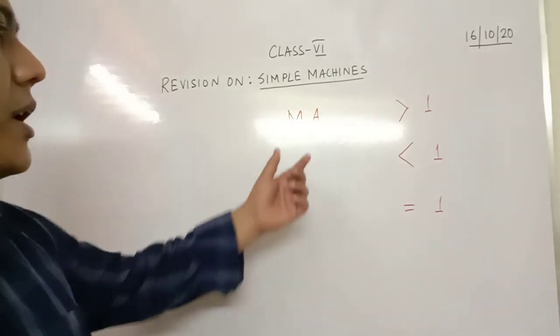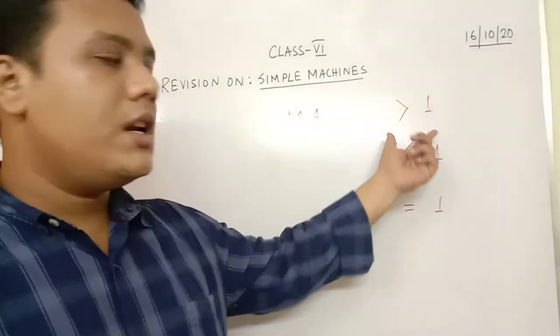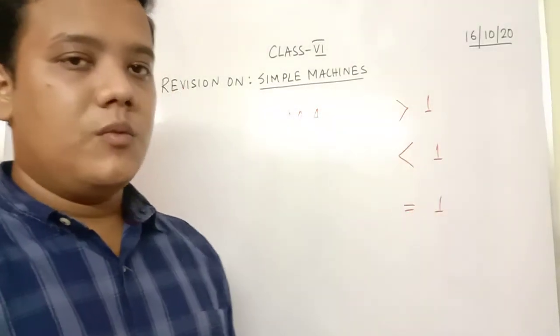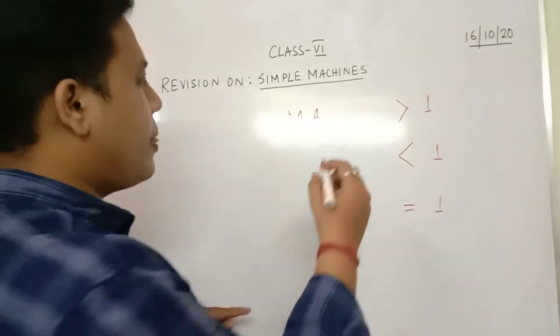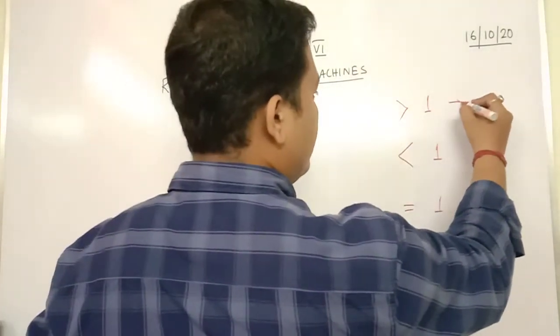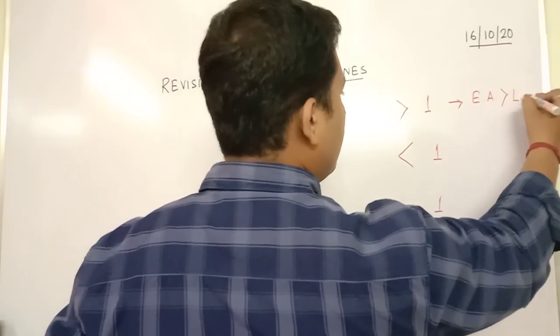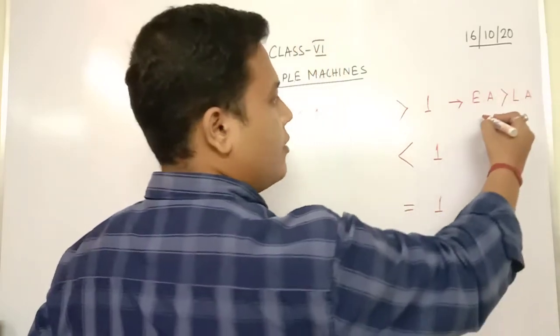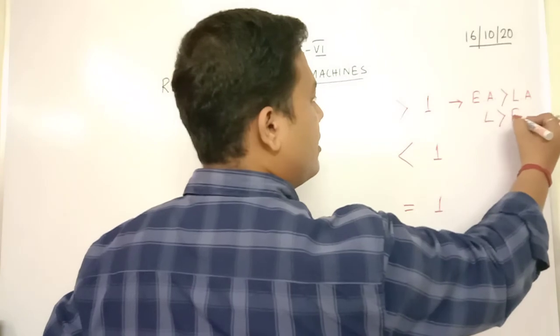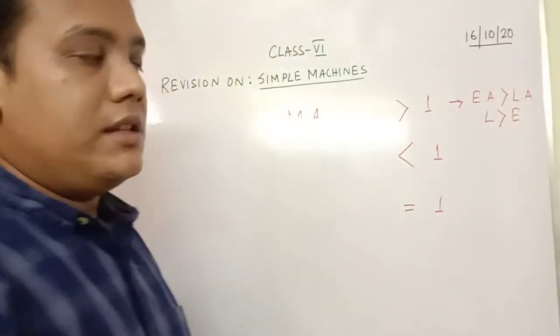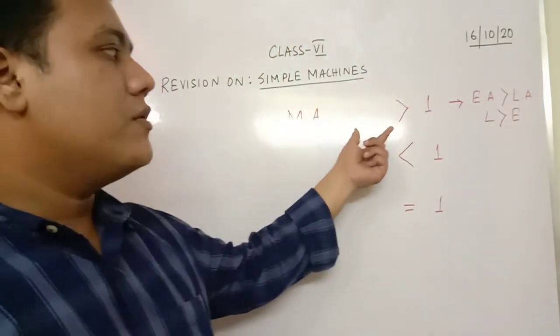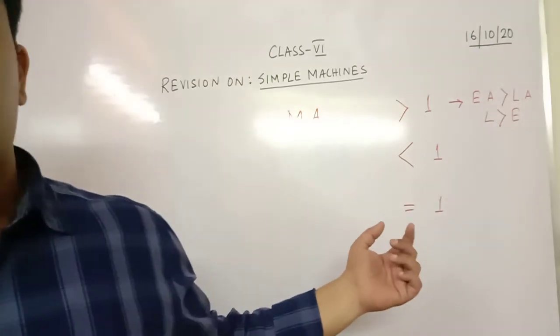When is this possible? The case of greater than 1 is possible when effort arm is greater than the load arm, or you can say when load is greater than the effort. This is the case when mechanical advantage will give you a value greater than 1.